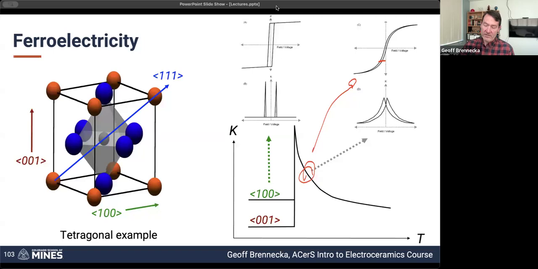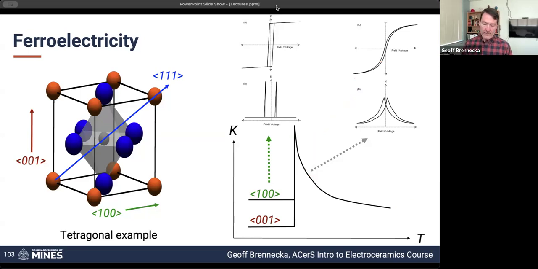Because the permittivity is so high, you're able to stretch the material enough that it locally becomes non-cubic. That's why we get this hysteretic behavior just above the phase transition. Once we get high enough temperatures, where it's more truly cubic and stiffer, we're no longer going to see that kind of response.